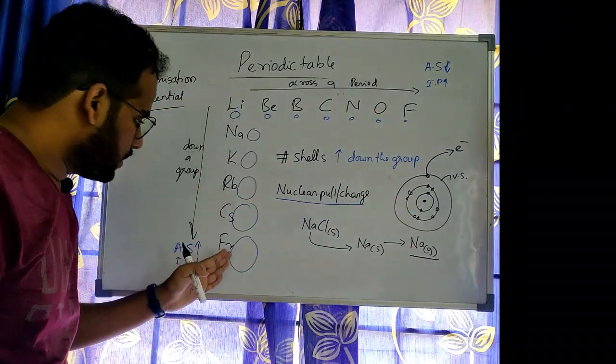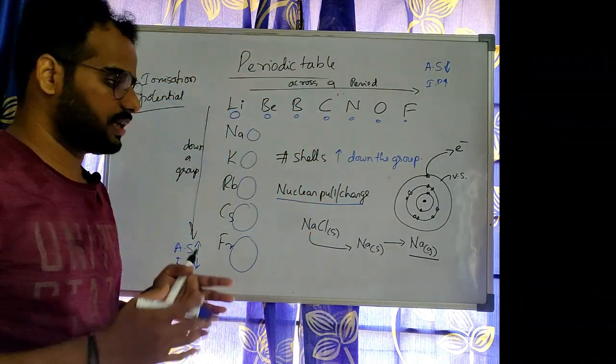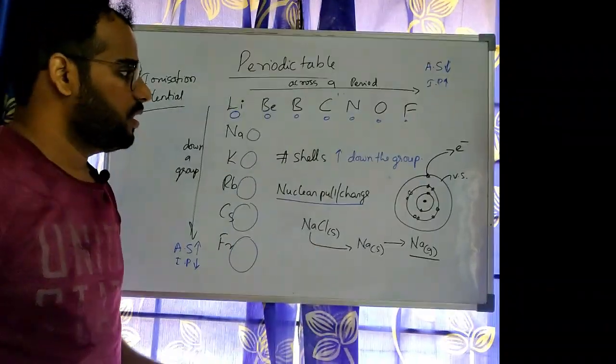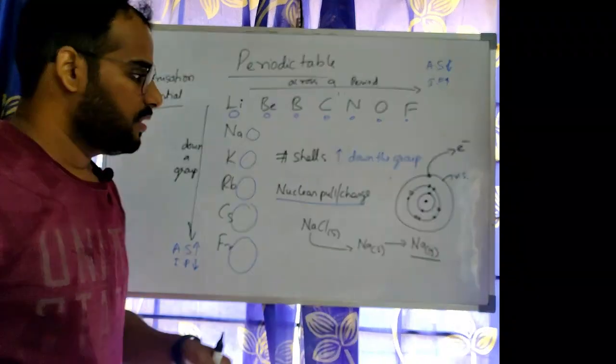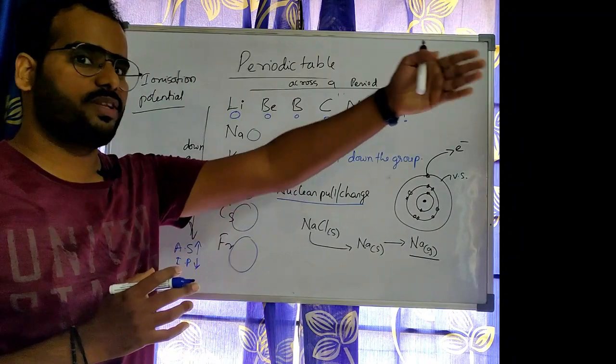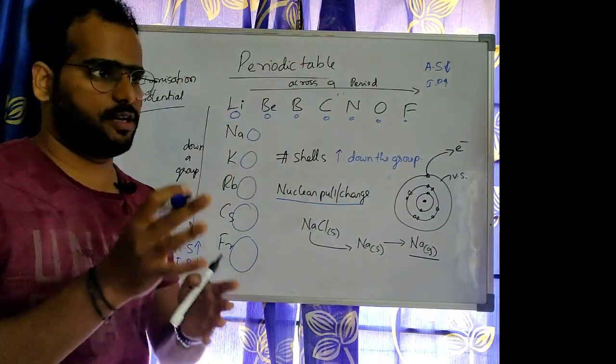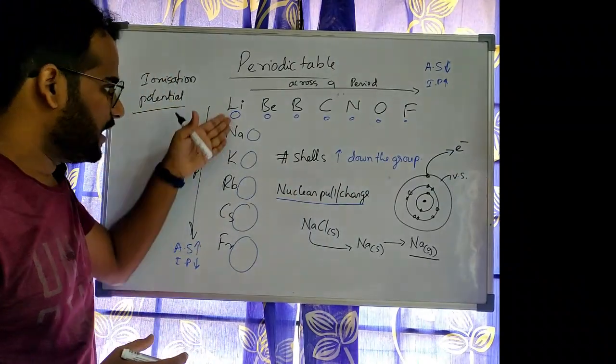Whereas if you come down the group, it's like there is a big classroom, and the classroom becomes bigger and bigger, the number of students is increasing, but the teacher is not so strict, then the teacher's hold on the last bench student will be less. The last bench student can go out of the class if there are 2 doors, right? So that happens here.